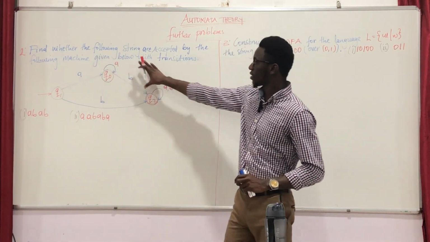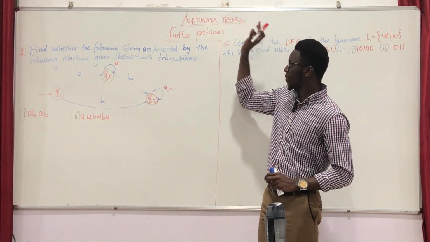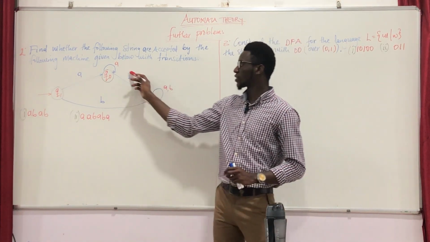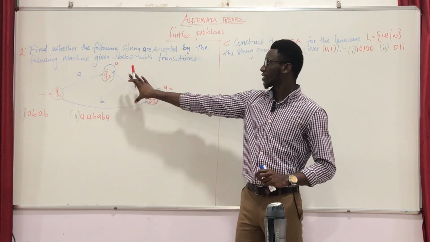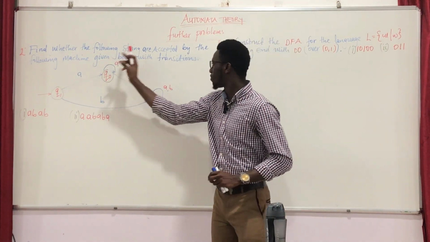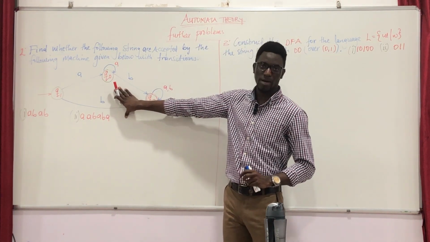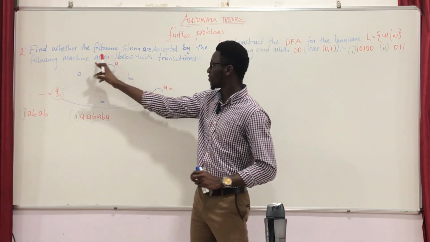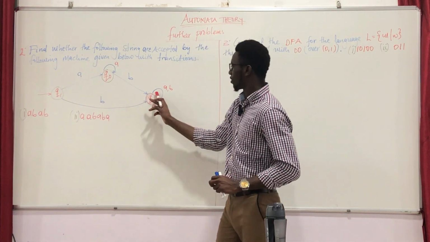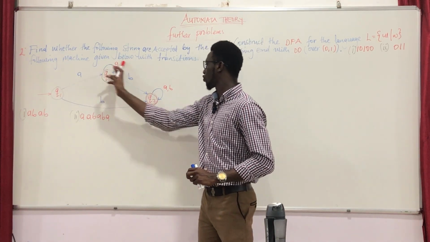The first one here already has a diagram. Based on this diagram, in our previous lesson we only treated binaries, that is zeros and ones. But in today's lesson we want to treat both binary for this one, and this other one uses alphabets. Here you can see we have our transition from Q0 to Q2.